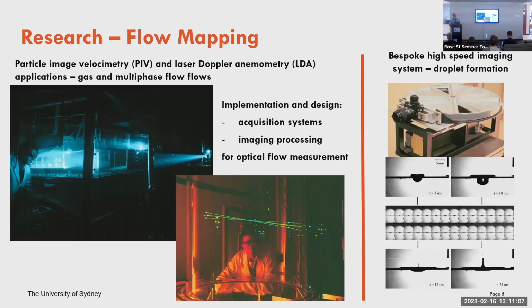Digital stuff was nowhere near as advanced as it is now. You were lucky to get a CCD in the early 1990s that had about 400 by 400 pixels. It depended on your budget, of course, but for lesser mortals, you were dealing with quite small digital devices, and they were quite slow as well. They were going at kind of tens of hertz in terms of frame rates.